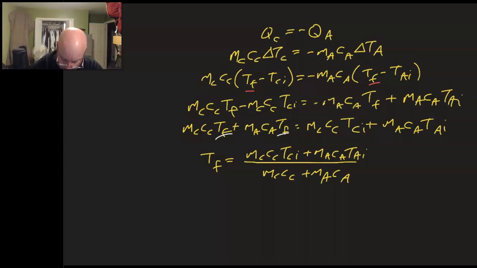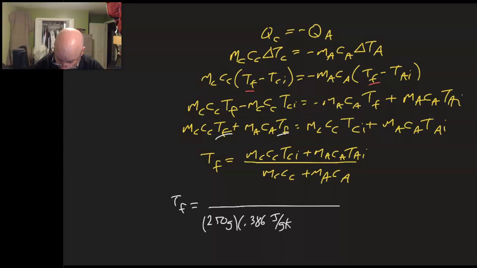So TF then becomes, and I'm going to do the denominator part first, 250 grams times 0.386 joules per gram Kelvin plus 100 grams times 0.9 joules per gram Kelvin.